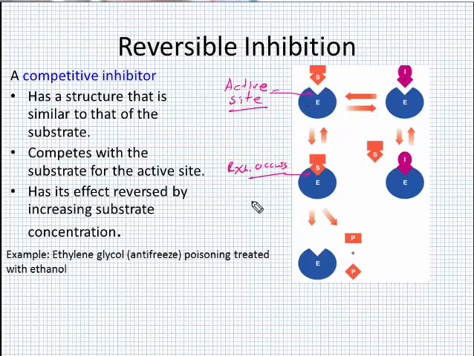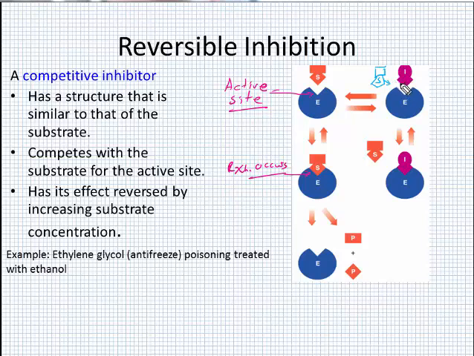That's one catalytic cycle. Well, if you have an inhibitor present, it can also bind the active site, but it looks a little bit different than the substrate. So I is for inhibitor. It binds the active site, and now if we had another substrate molecule here, kind of a messed up looking substrate, it's competing for this.